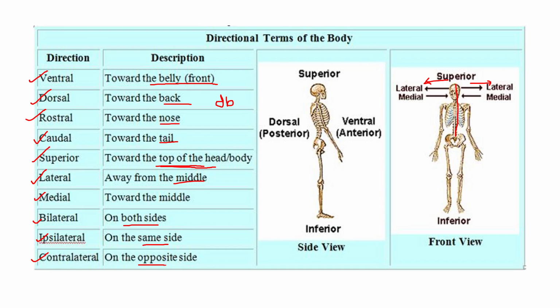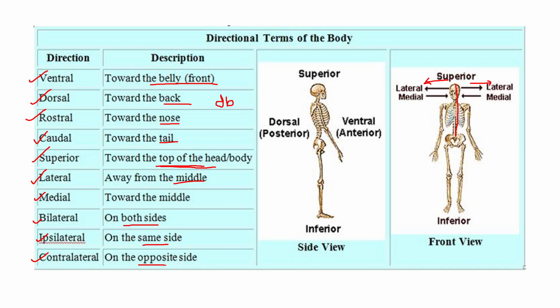And contralateral means on the opposite side. You can see in the diagram, superior is the top of the head, dorsal to the back and ventral in front of. Ventral and anterior you can remember, and dorsal and posterior.